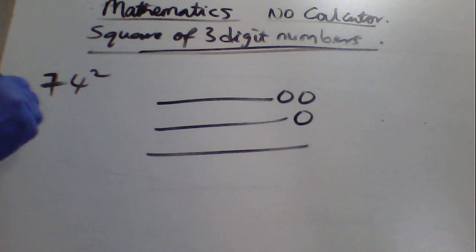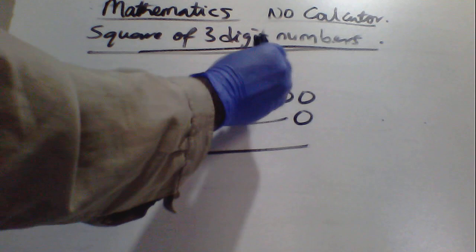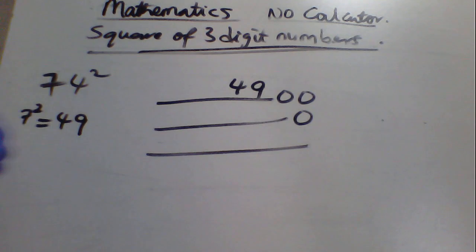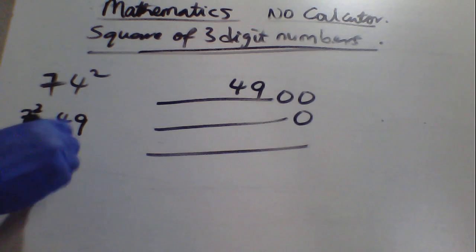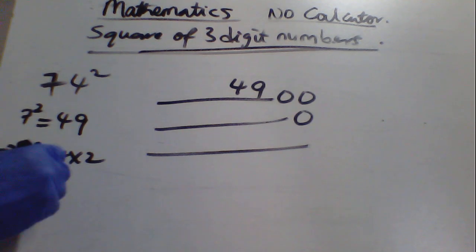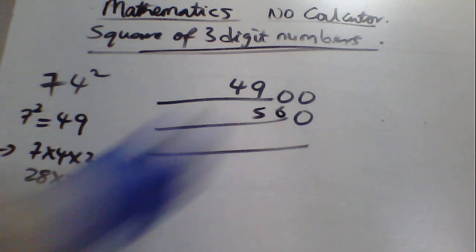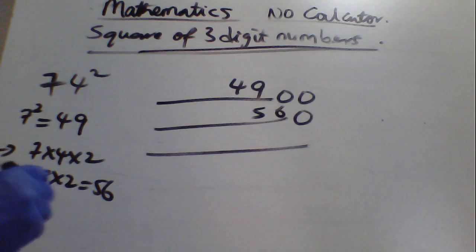So square the first one, that gives us 49. I write 49 here. Find their product. 7 times 4 times 2. This gives us 56. You write 56 here. And lastly is 4 squared.